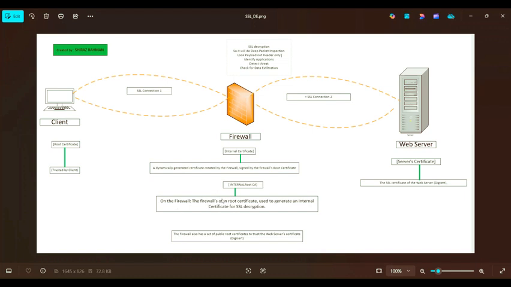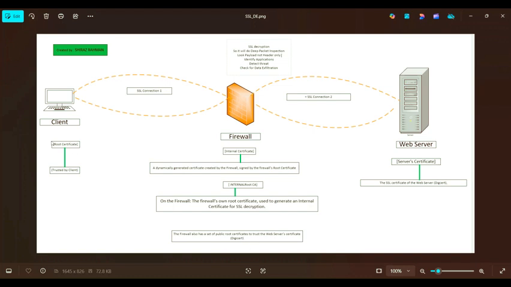The firewall owns this root CA, and it is used to generate the internal certificate for SSL decryption. Once the firewall generates the internal certificate, it signs it with its own root CA, which is a self-signed root CA. The firewall also has a set of public root certificates to trust the web server's traffic, like DigiCert and others.